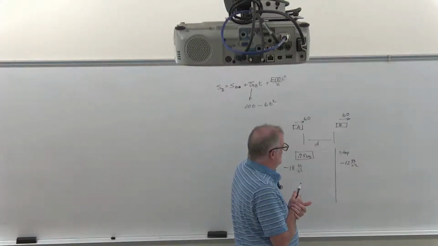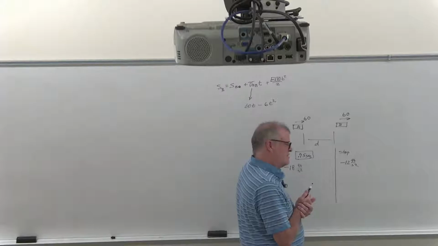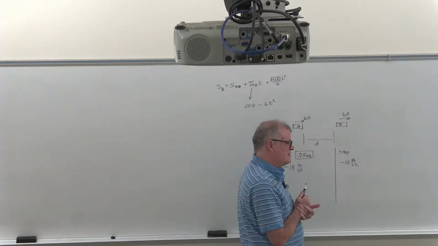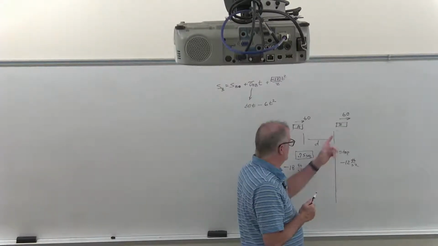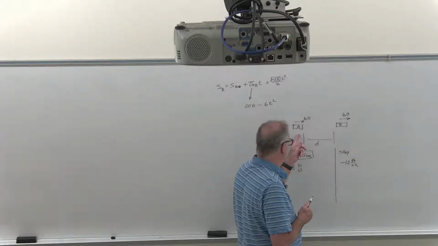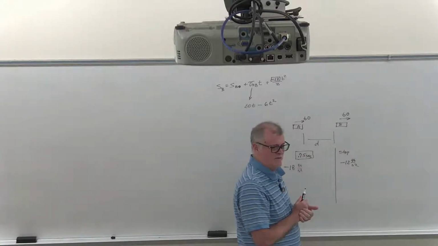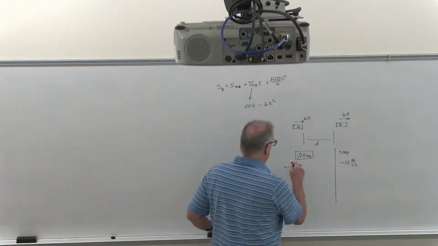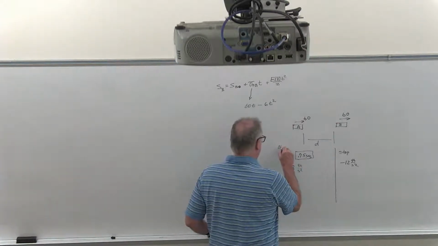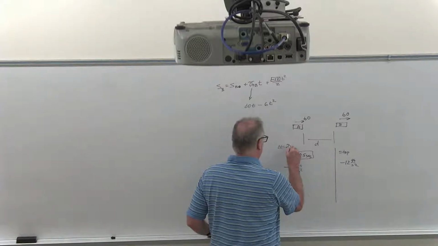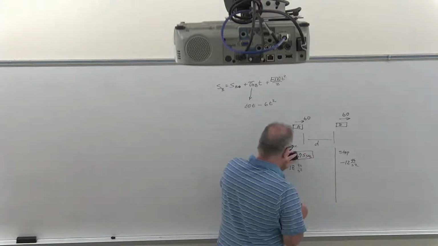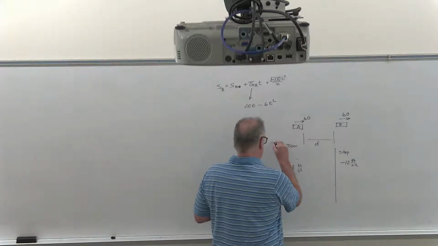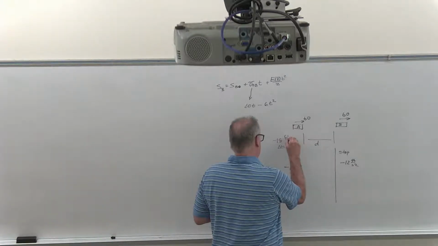There are advantages and disadvantages to using either this or this one as a frame of reference. Just because I don't like dealing with negative numbers, I'm going to pick this one. So in other words, here, delta t equals 0.75, just so I can remember that. And then I'm going to say minus 18 feet per second squared.